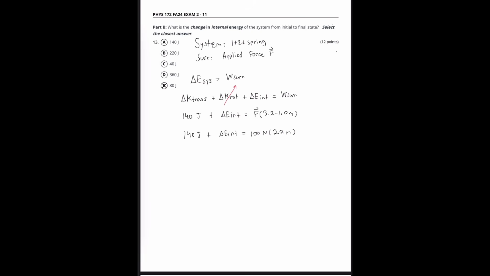So we have the change in internal energy is equal to 220 joules minus 140 joules, and that will give us 80 joules. And that will correspond to answer choice E.